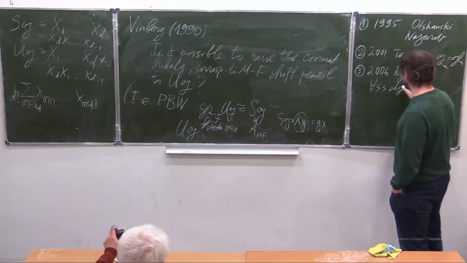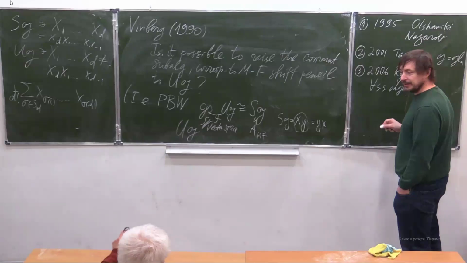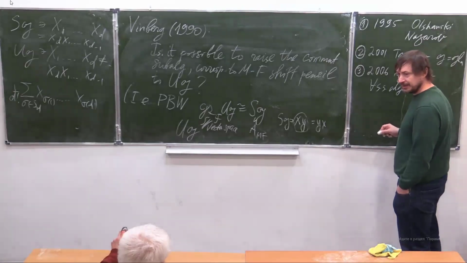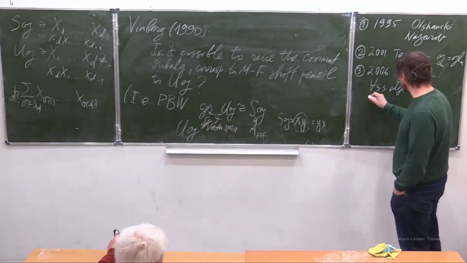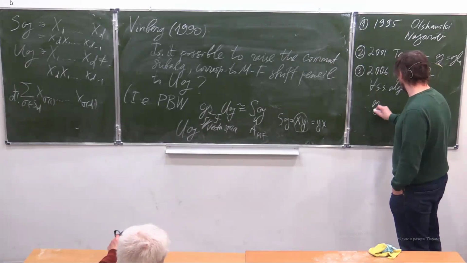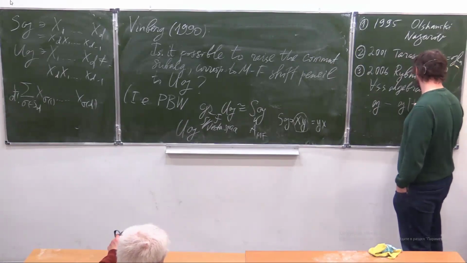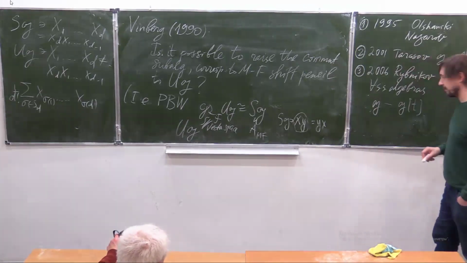What he did was something much harder. You take G. You first change it to the algebra of currents, the loop algebra.